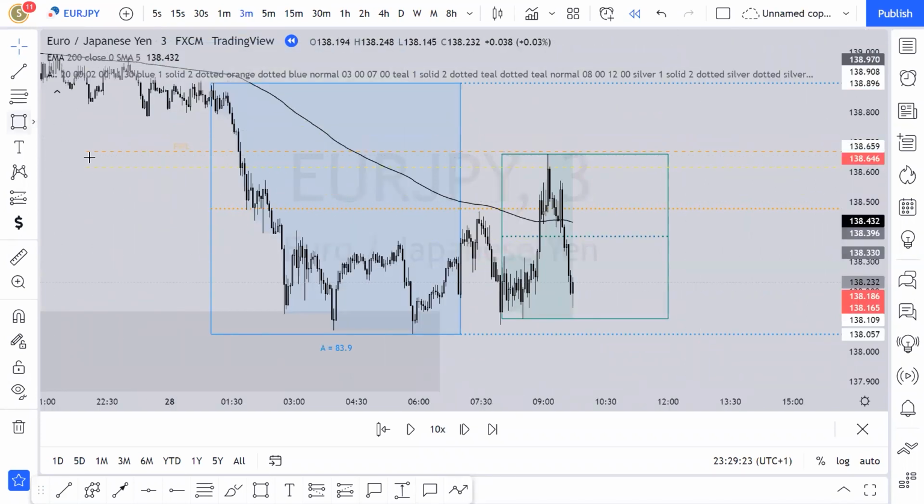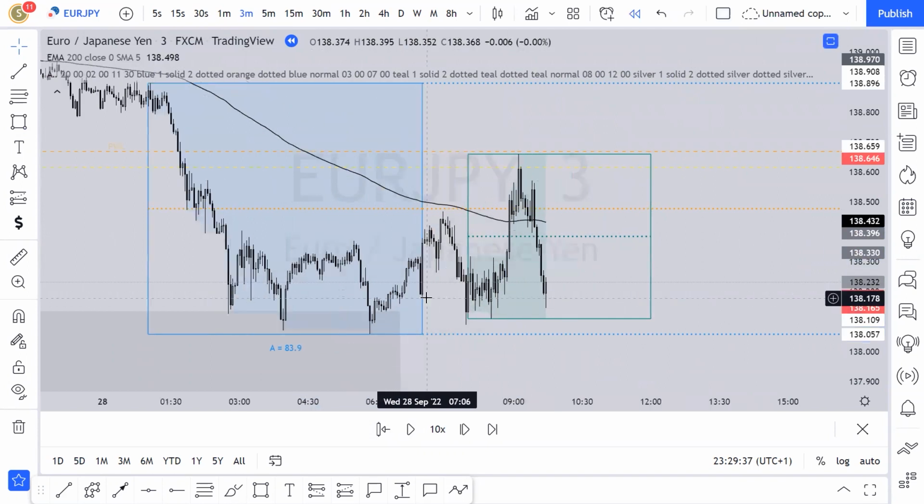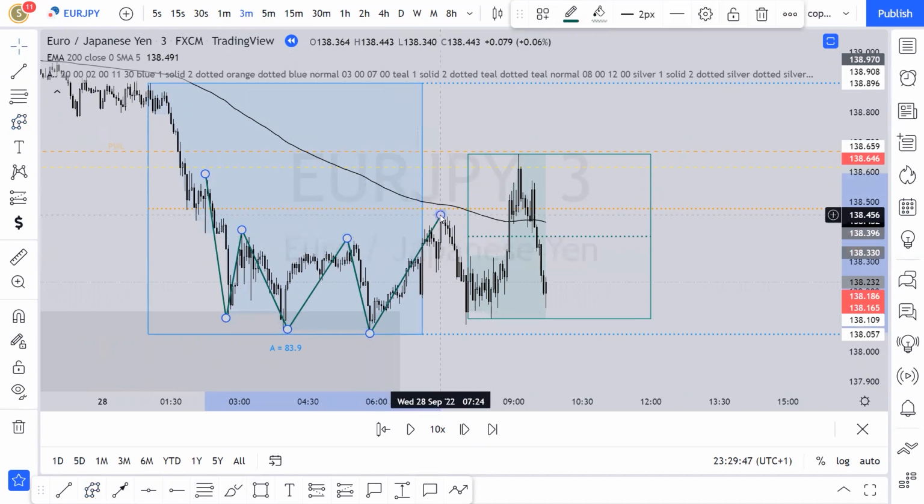Price accumulated, so that means I was ready for an expansion. Price accumulated, and price actually broke structure. We can see that price accumulated and we had a break of structure here.